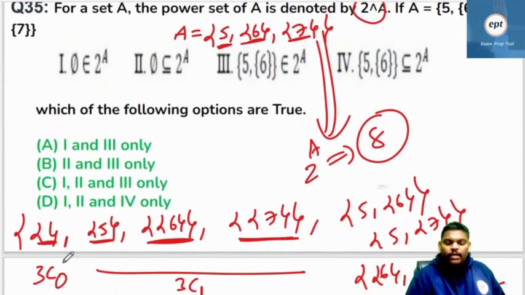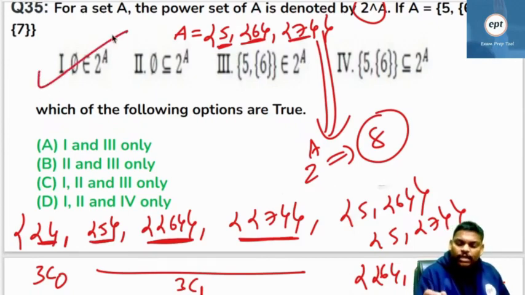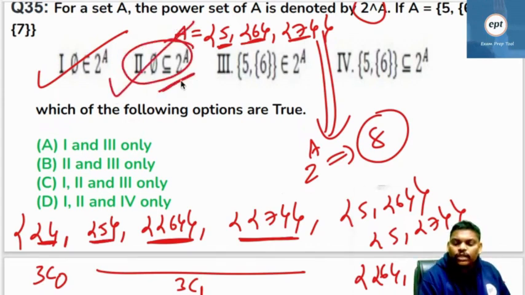What is the answer? Pi is an element of 2 power A. Yes. But remember, pi is a subset of every set. This is also true. It is always true. Pi is not only a subset of the power set, pi is a subset of every set.